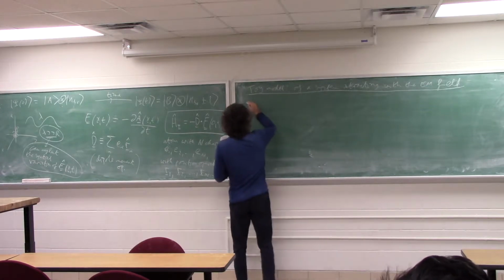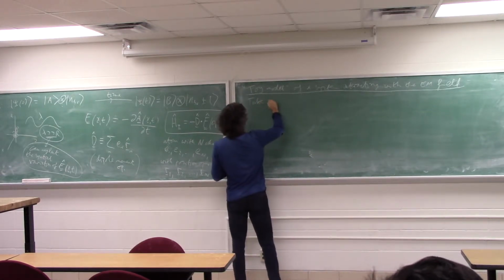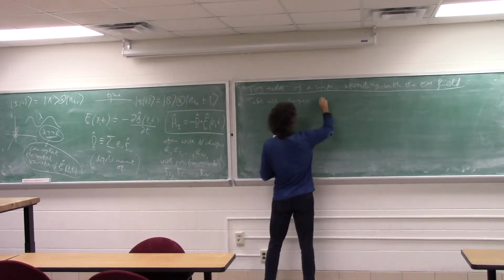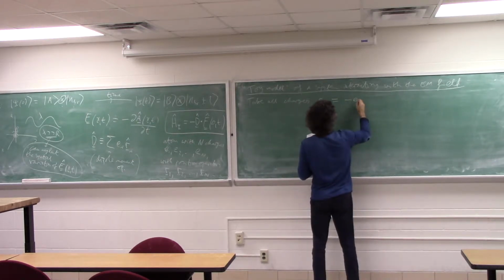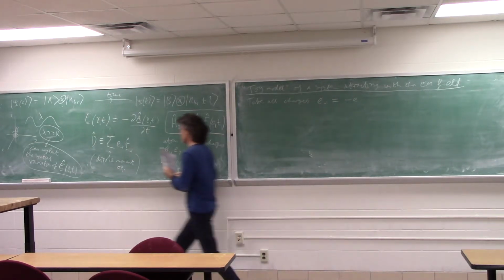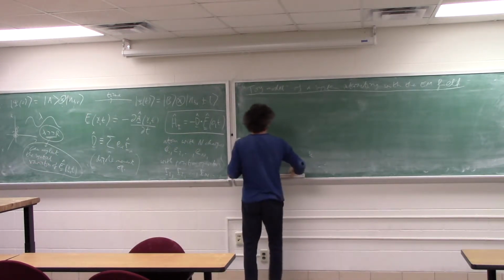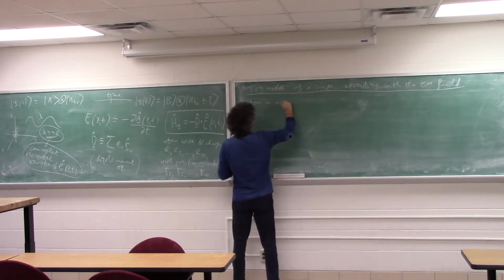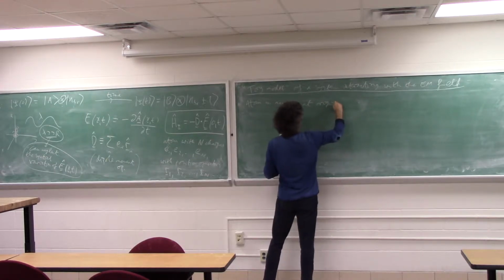So we're going to consider an atom. So take all charges e_i to equal minus e. Okay. I should have mentioned that. Let us now take an atom with the nucleus at the origin.